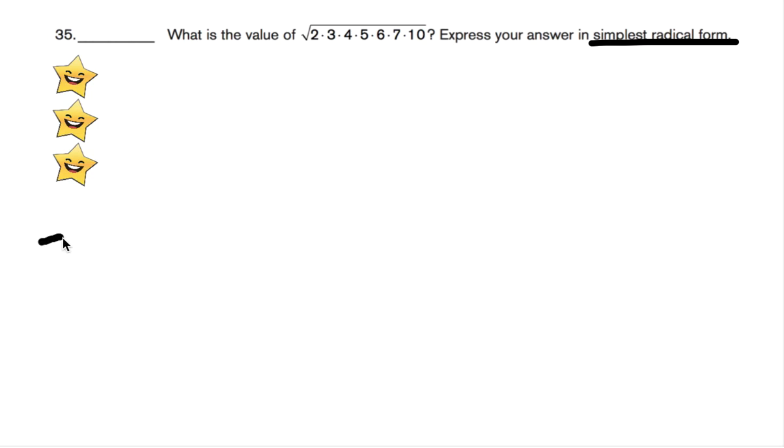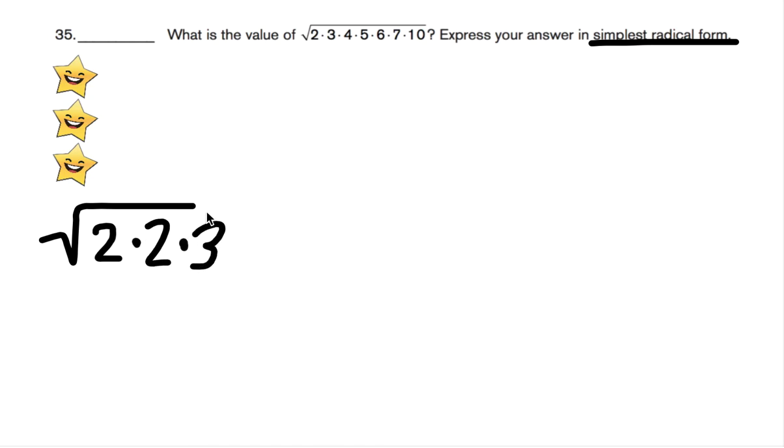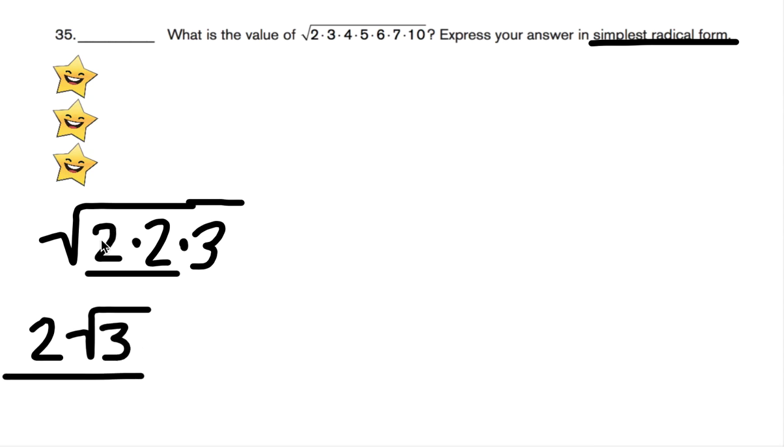So in other words, let's say we had 2 times 2 times 3. Well, the square root of 2 times 2 is 2. 2 times 2 is 4. The square root of 4 is 2. So we would take that 2, bring it outside, and we leave the 3 inside. So this would be simplest radical form for the square root of 2 times 2 times 3.